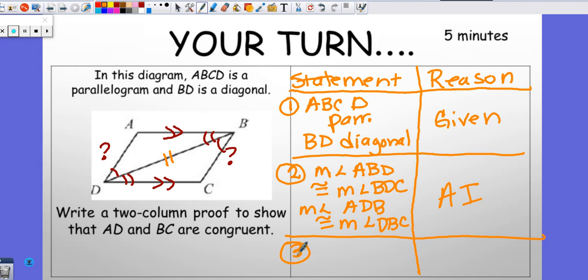And number 3, I'm going to say that BD is congruent to BD, or you can write DB, same. That's called the reflexive property of congruency.